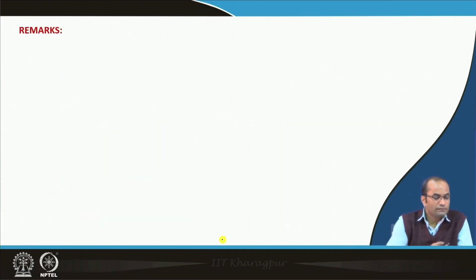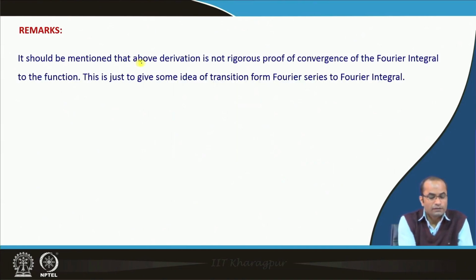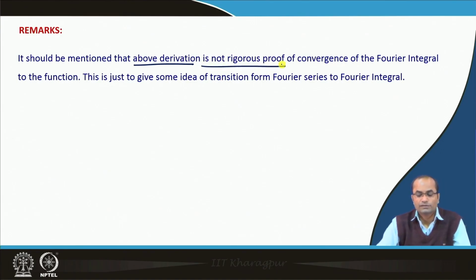Well, so we have some remarks here. It should be mentioned that the above derivation is not a rigorous proof of the convergence of the Fourier integral. We have just gone through it assuming smoothness on the function, because we have written f(x) equal to the Fourier series, and then we have done some kind of convergence results, which was not a very rigorous proof in terms of the mathematics.